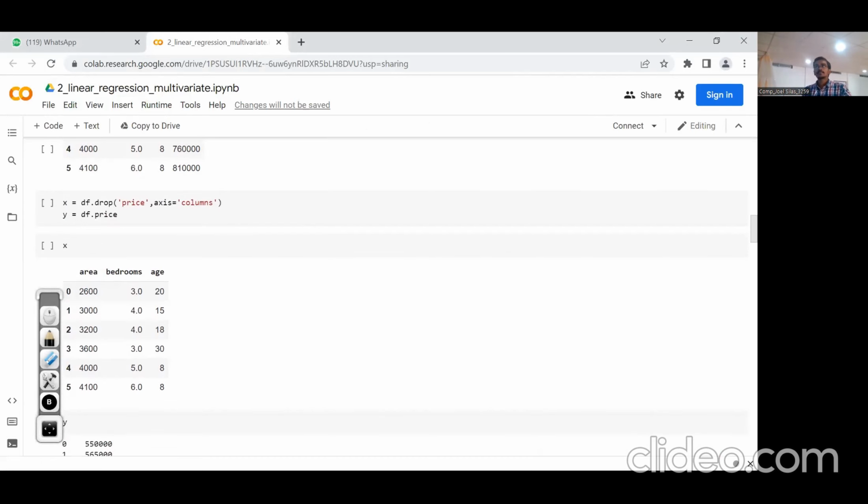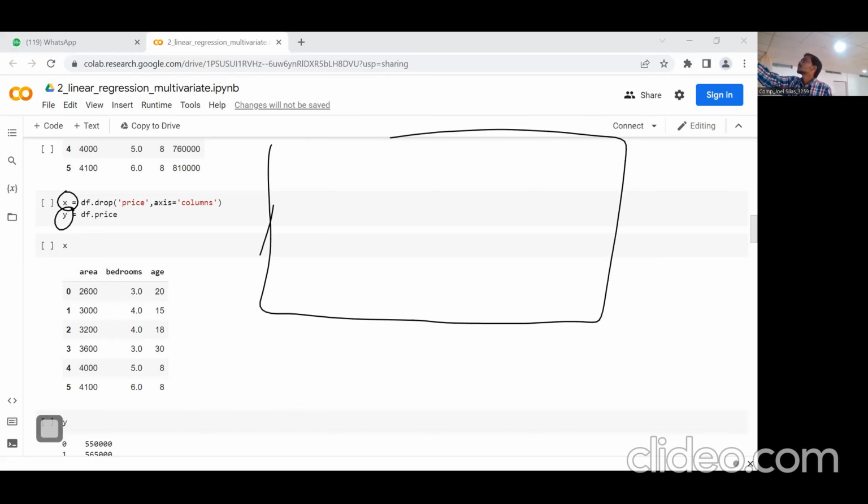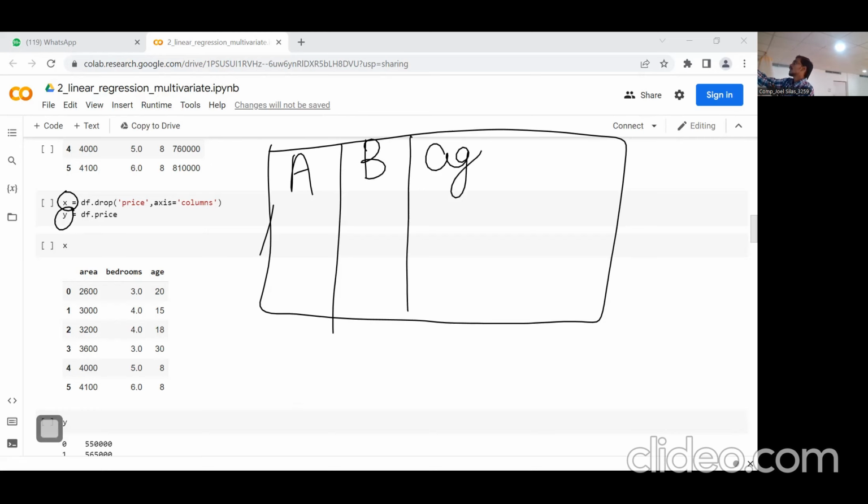Now we need to extract the feature separately and store it in X, and extract the label separately and store it in Y for our processing. Our data set consists of area, the number of bedrooms, and the age, and our output is the price.